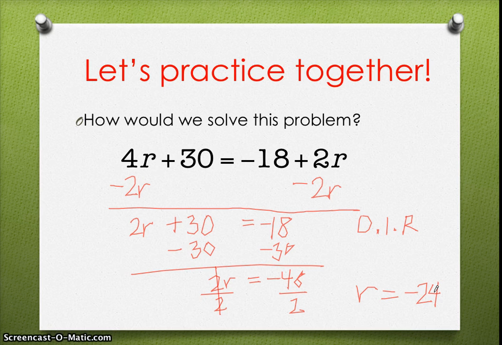So I've gone over two types of problems. Problems where I have to distribute using the leading factor and distributing throughout the variable term, the polynomial, and then combining like terms. So that was the first type. The second type, which we just went over, is making sure that the variable only shows up on one side.